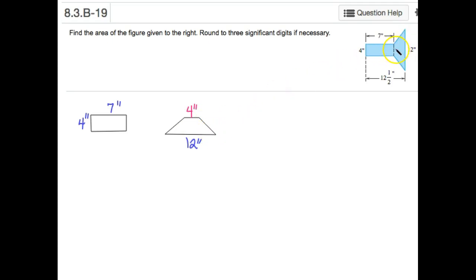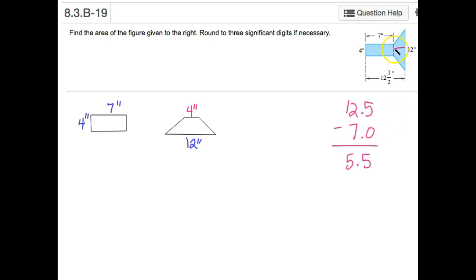So then the other challenge is to find the height. When you look at the picture this way, the height is actually this length, and we know the entire length of this full figure is 12.5, and we know the part that we don't need, which is the rectangle, is 7 inches. So we want to subtract the 7 inches from the 12.5 so that we can figure out how much is left for the trapezoid.